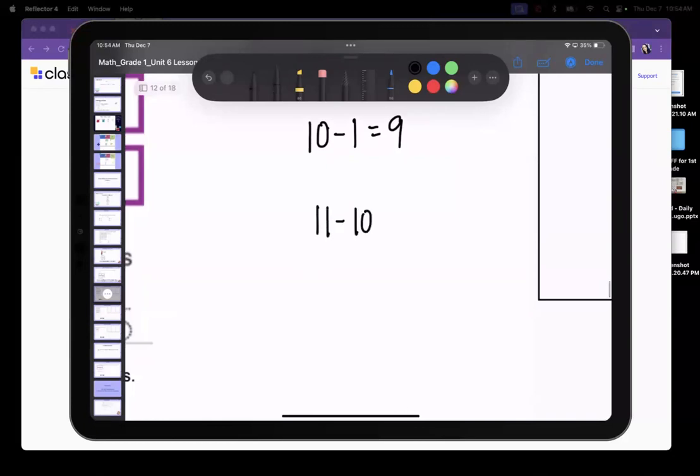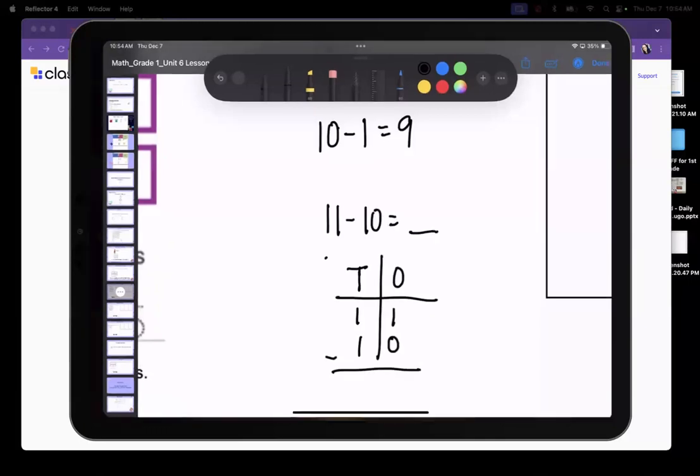11 minus 10 is what? We got to take away. So if we do this, we can look at our 10s and 1s. If we have 11 minus 10, let's look, Quinn.